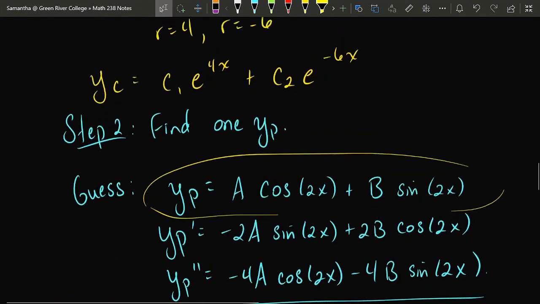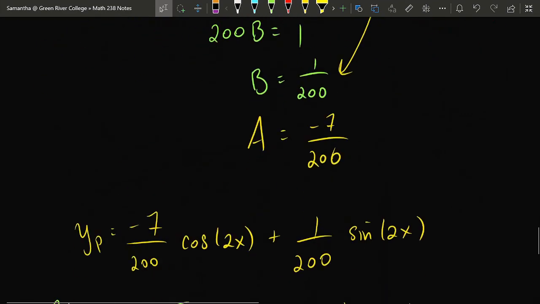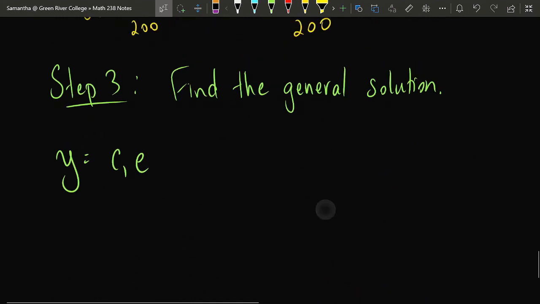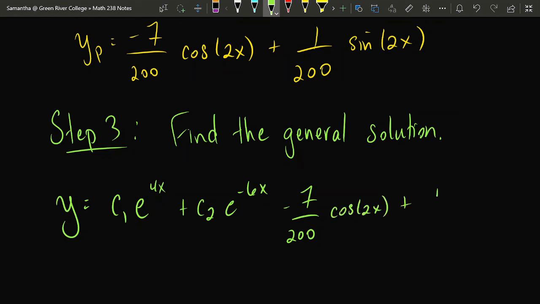Hold on. It was e to the 4x, e to the negative 6x. And our particular solution was found to be negative 7 over 200 cos 2x plus 1 over 200 sine 2x.